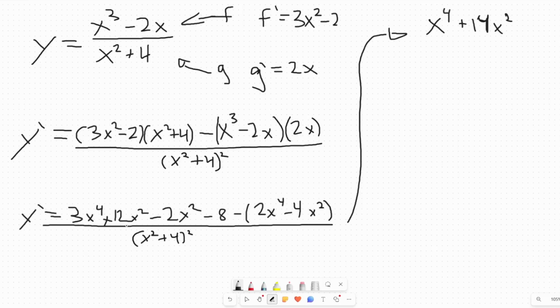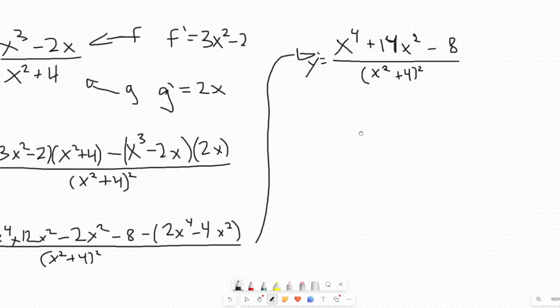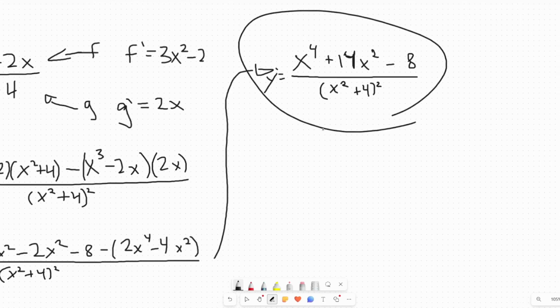And then you have 8, so minus 8. And voila, over x squared plus 4 squared. All right, so that's your simplified version.